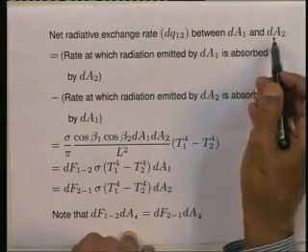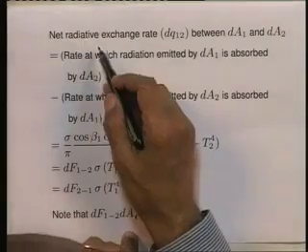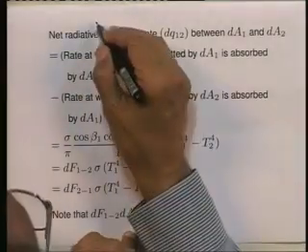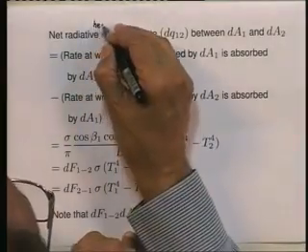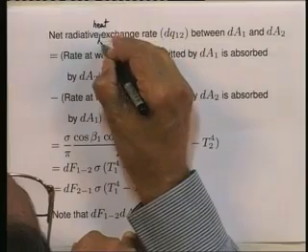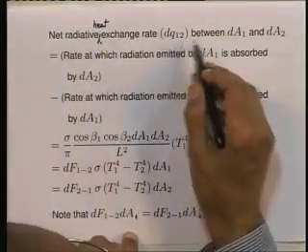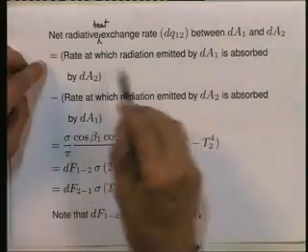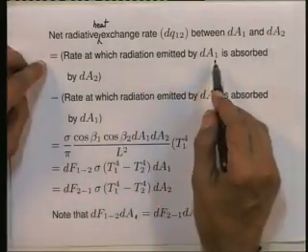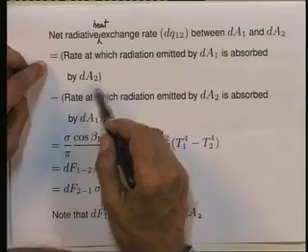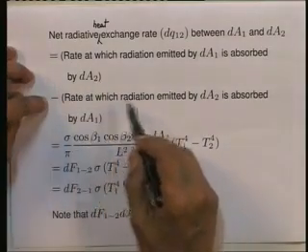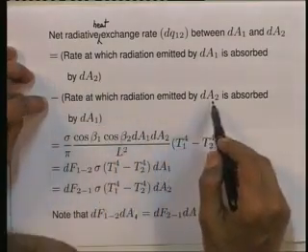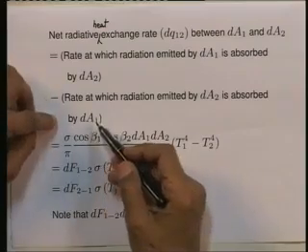This is what we are looking to calculate. The net radiative heat exchange rate dQ1 to 2 between dA1 and dA2 is equal to rate at which radiation emitted by dA1 is absorbed by dA2 minus rate at which radiation emitted by dA2 is absorbed by dA1.